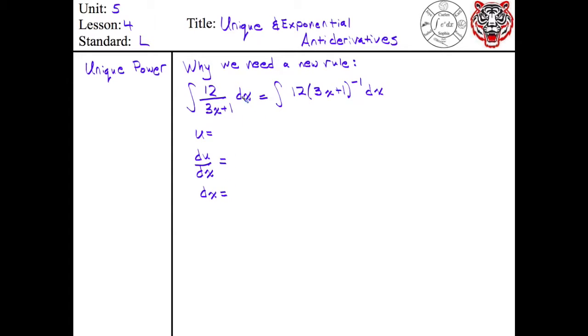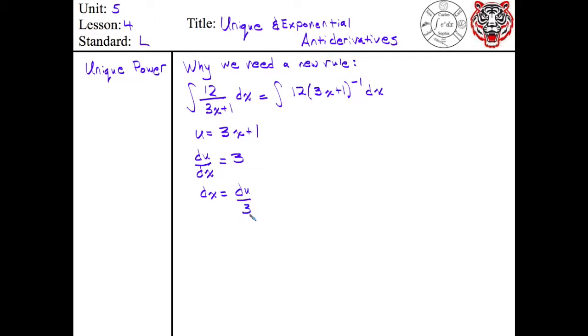So u is the inner function, 3x plus 1. du/dx is the derivative of this, which is 3. Solving for dx, dx is equal to du divided by 3.